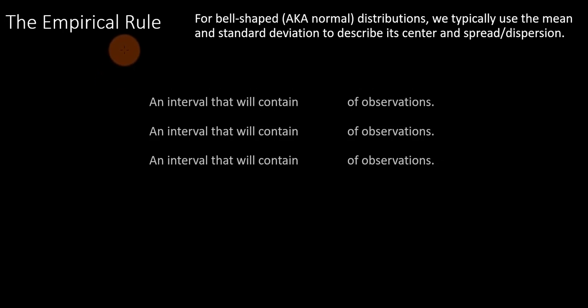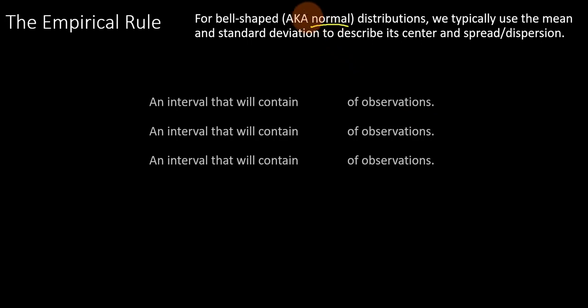Hey folks, today we're going to discuss the empirical rule. And this is a pretty foundational set of properties that applies to bell-shaped distributions. And we'll see shortly that another way that we can refer to that shape is as a normal distribution.